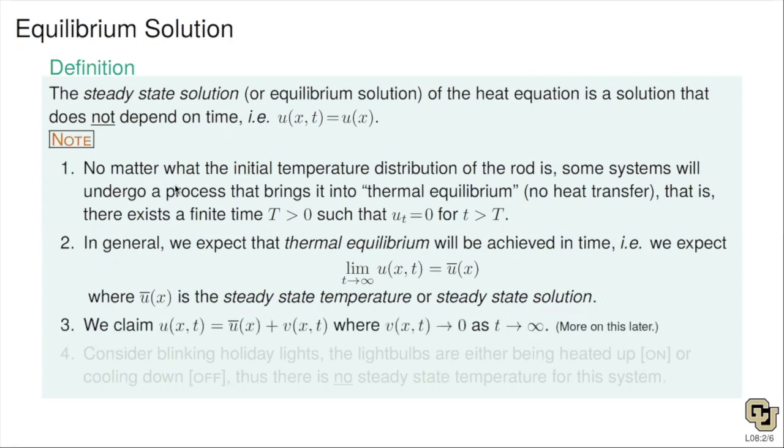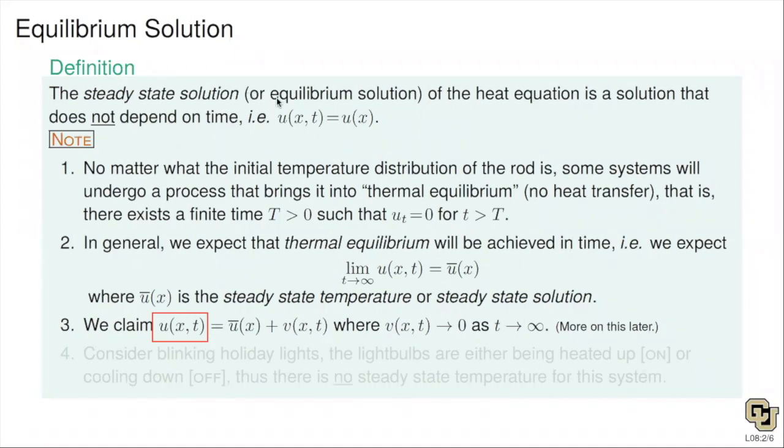So now here's a very subtle part of what we're doing. We want to create a solution that'll mimic reality. So I want a solution, u of x,t, that'll describe the temperature at any point in space and time, but I also want, when t goes to infinity, u of x,t to converge to the steady state temperature.